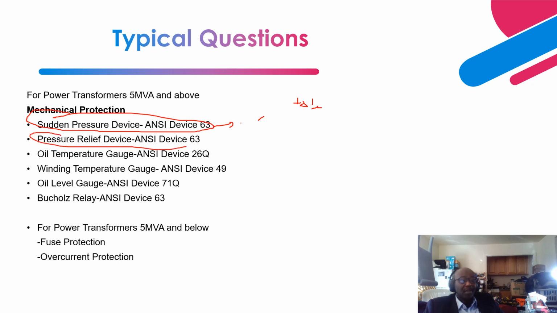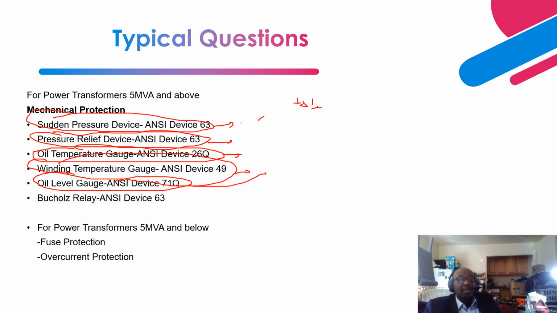Next is the pressure relief device, okay, and it indicates to you when it operates. Then the oil temperature gauge provides temperature protection for the transformer oil. Then also the winding temperature gauge, providing temperature protection for the transformer. Then the oil level gauge, right? Basically it makes sure that the transformer oil level is within its required set criteria.